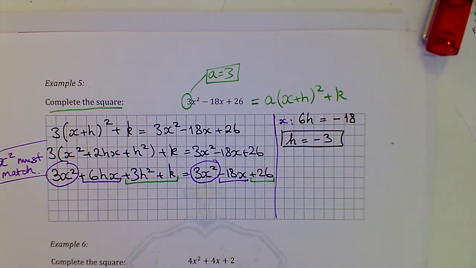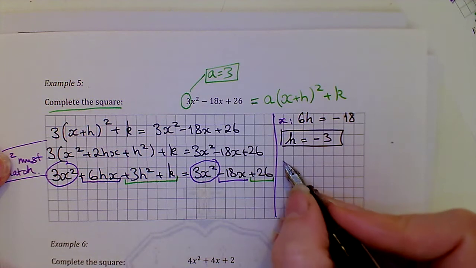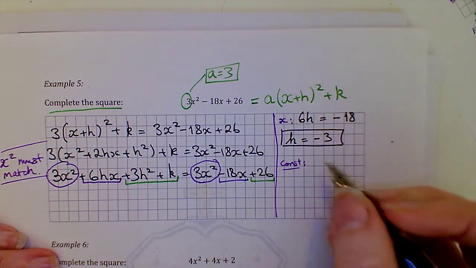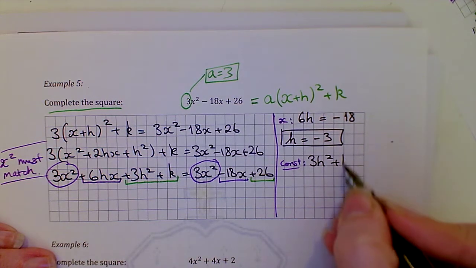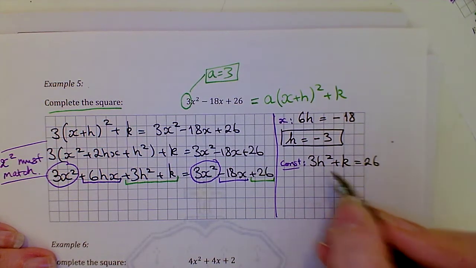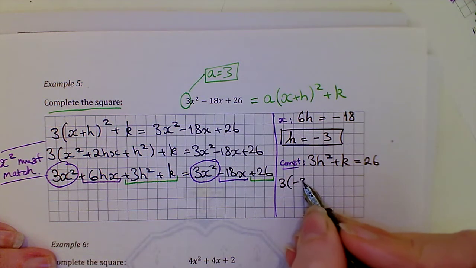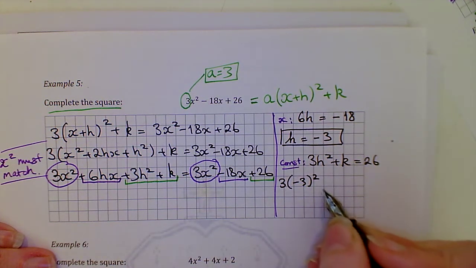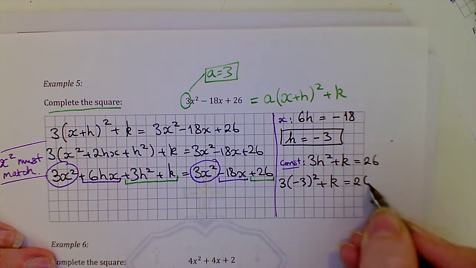So the constant tells me that 3h squared plus k is equal to 26, but we know what h is. So we've got 3 by a minus 3 squared. Remember, you're going to square it first and then multiply by 3. Plus k is equal to 26.